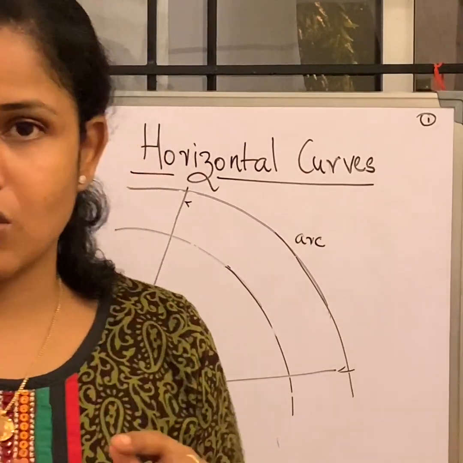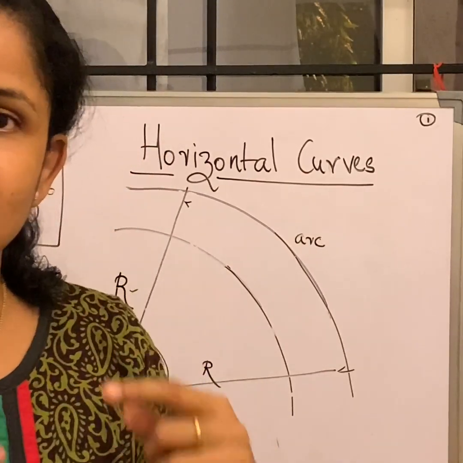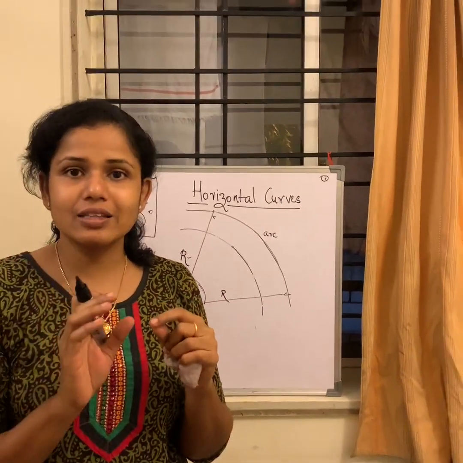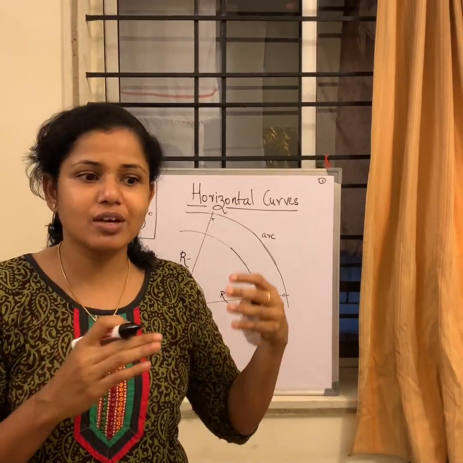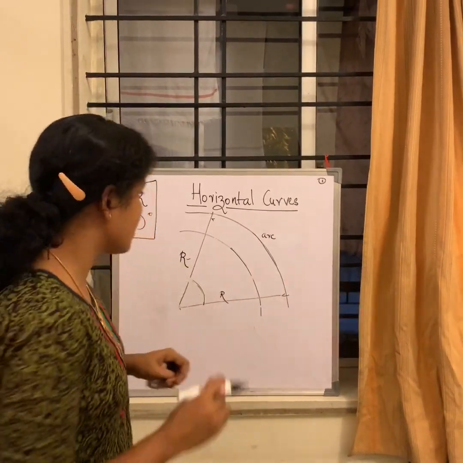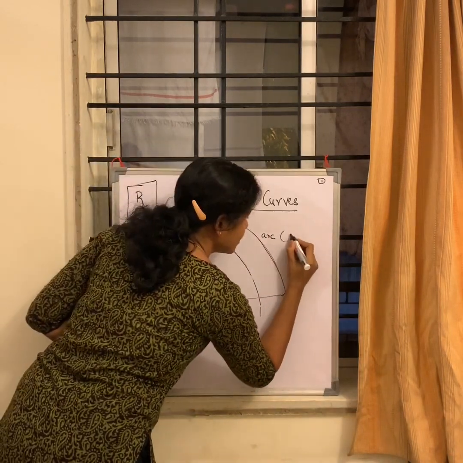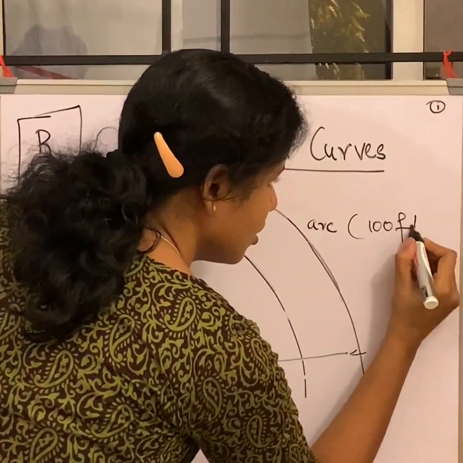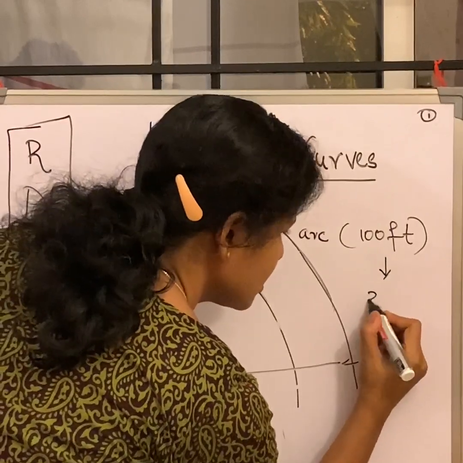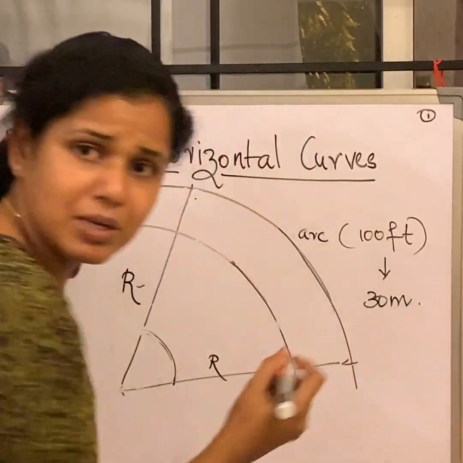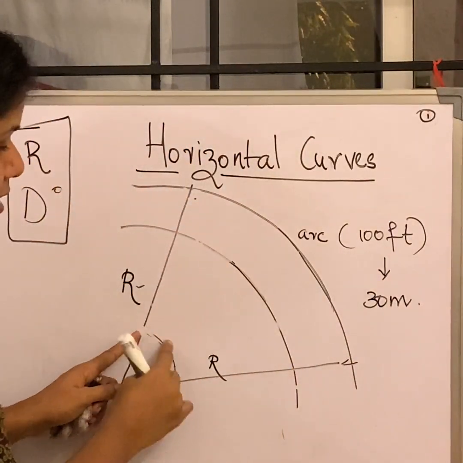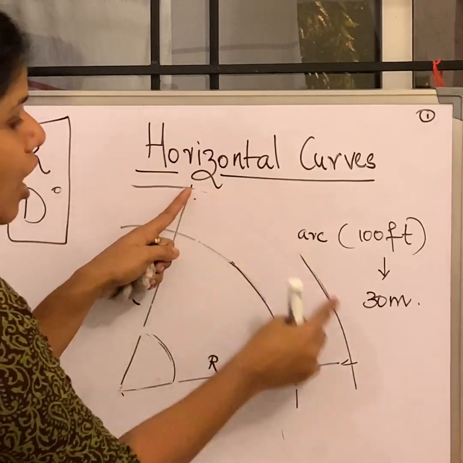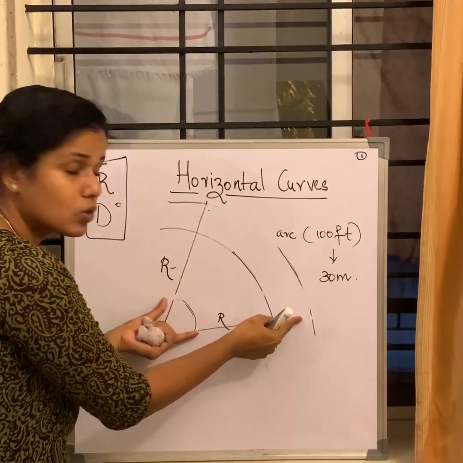Here there is a clause, because this agreed length can be varied in different ways. For example, the US generally takes this arc length as 100 feet. If I convert into meters, I can say about 30 meters. So I'm saying what is the central angle subtended by an arc length of 30 meters. That is the degree of curve.